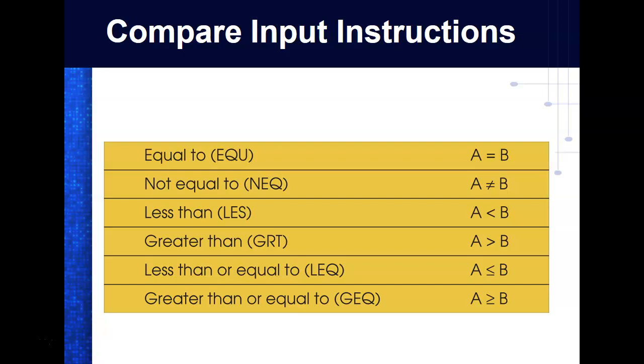We can see if A is less than or equal to B. We can see if A is greater than or equal to B. So these are our compare instructions. Are we okay? Any questions? Yeah, this is right out of the book. Questions? We okay?